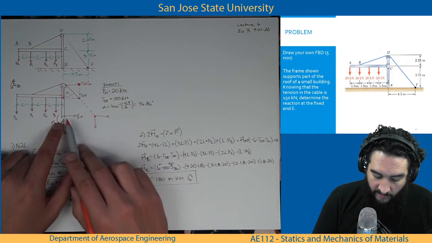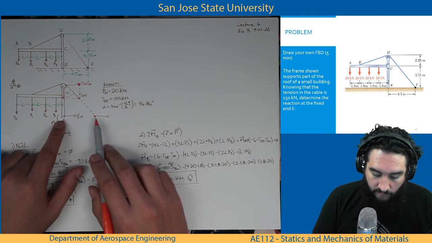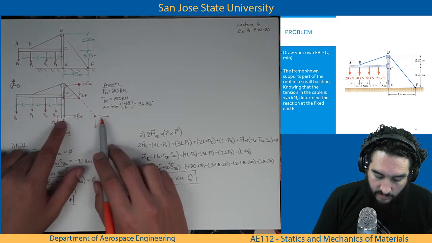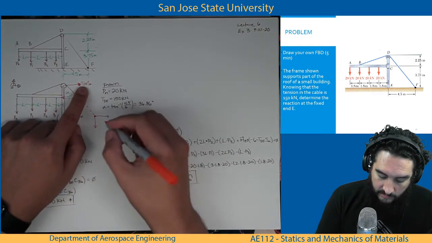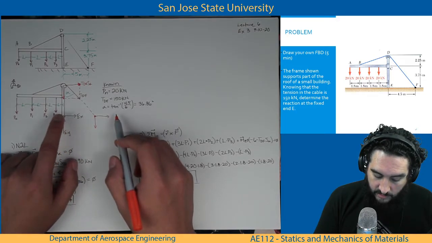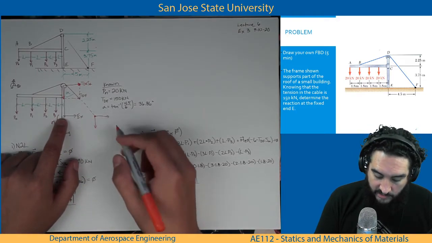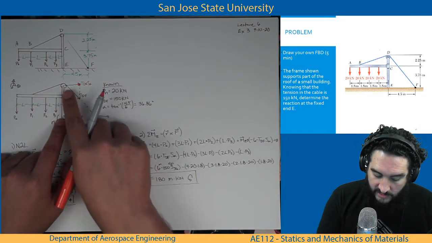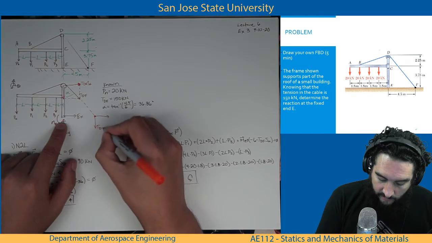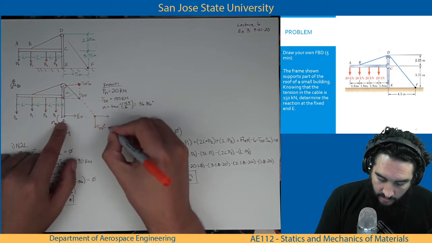Okay, but if I did this and moved it to this point, I would not use TDF sine alpha, because TDF sine alpha would go through the line of action, or the point in question, and have a 0 moment arm. And so if I moved TDF down to this point, I could use TDF cosine of alpha.